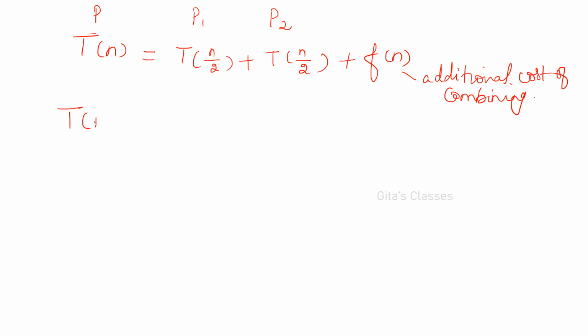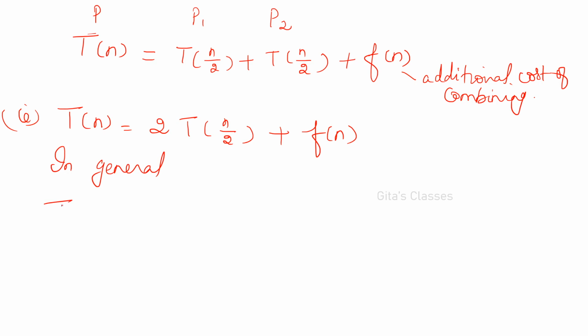So now we can write it as T of n is equal to 2 into T of n by 2 plus F of n. Here we have divided the problem P into 2 equal subproblems, but sometimes it need not be equal. In general, we can write T of n is equal to A into T of n by B plus F of n.